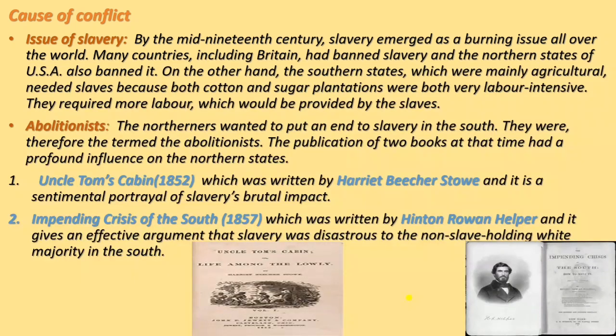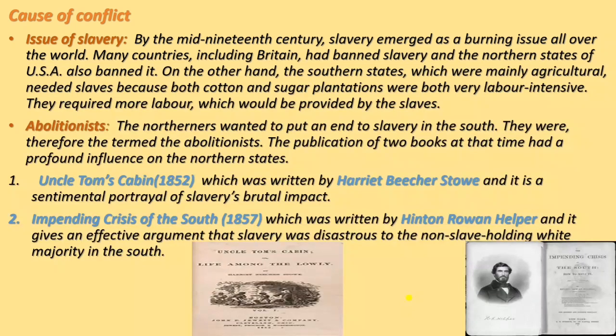And the second one, The Impending Crisis of the South, was written in 1857 by Hinton Rowan Helper, and it gives an effective argument that slavery was disastrous to the non-slaveholding white majority in the South, to whom he dedicated it.